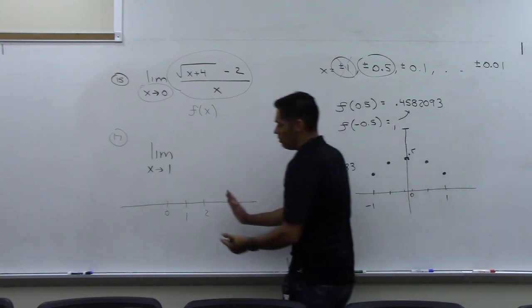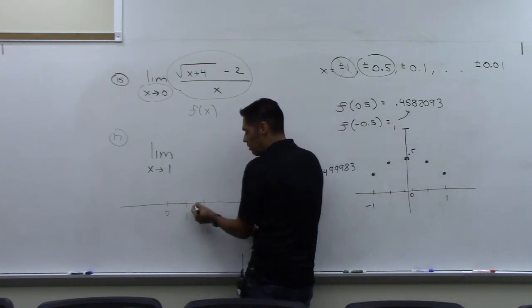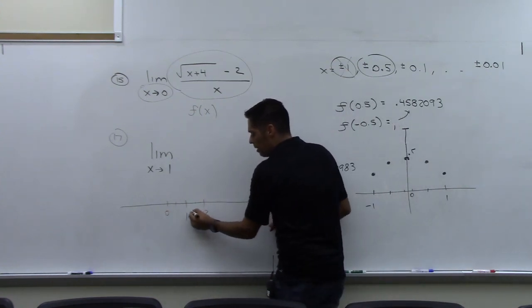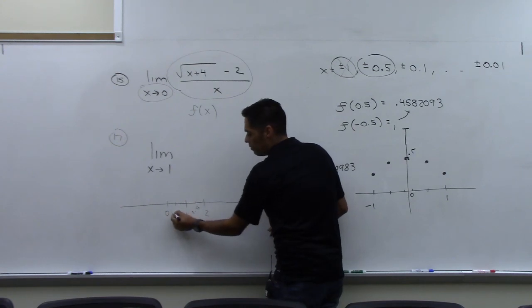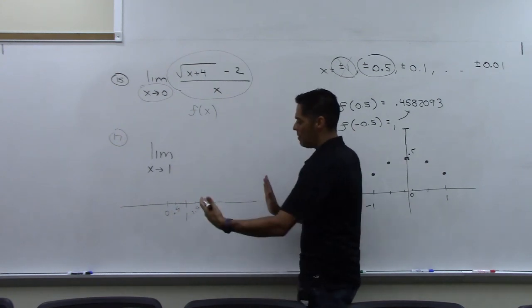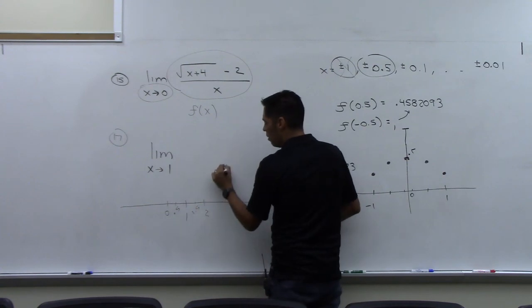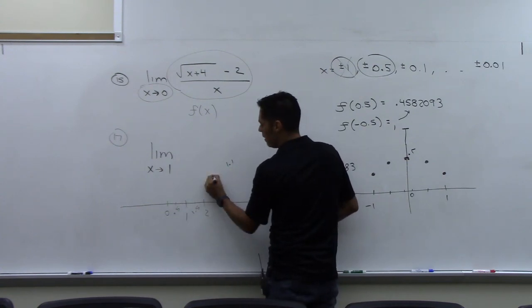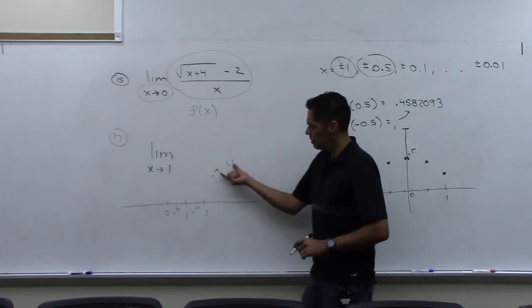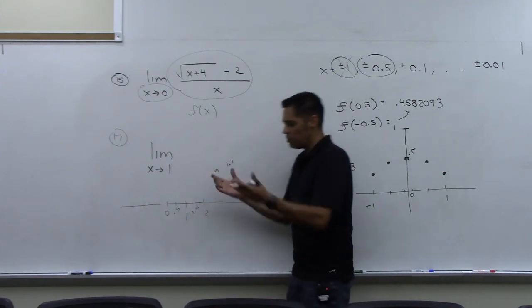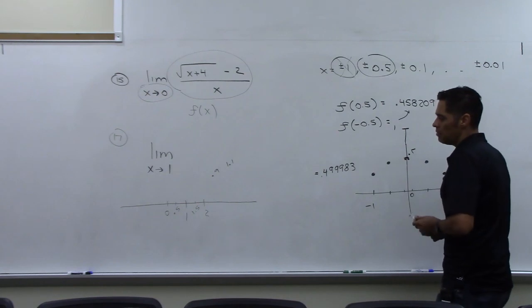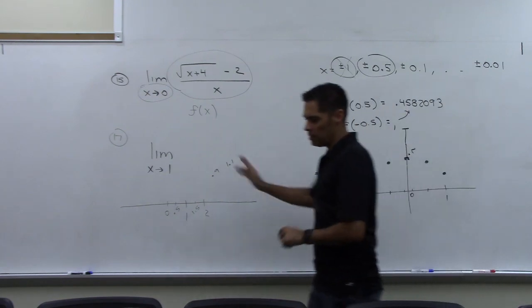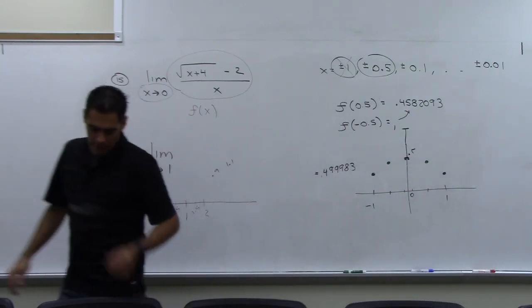I'll plug in 2 and I'll plug in 0, and then I'll go halfway. So maybe 1.5 and 0.5, and then I'll go even closer, maybe 1.1 and what's right in front of that, 0.9. Hope that makes sense. Then just get it closer and closer, and do maybe 5 of those until you can convince yourself what this limit is approaching.